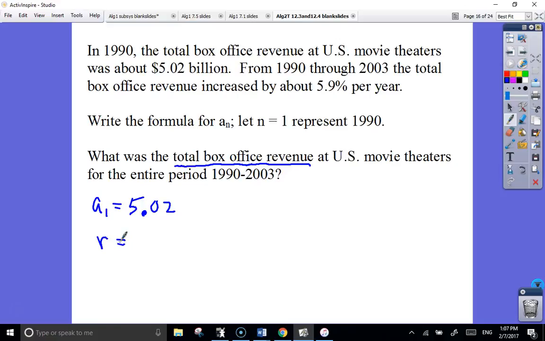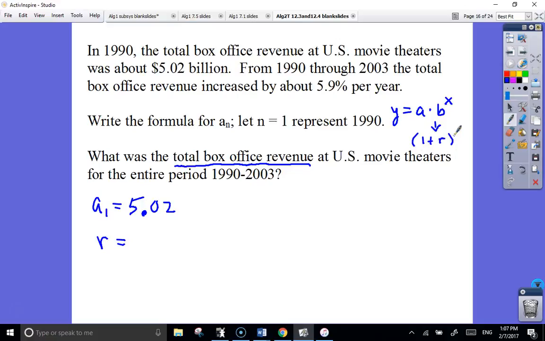Now, this kind of relates to when we did exponential functions, that exponential functions had a formula like this. Y equals A times B to the X. And when we did the word problems, the B could either be a growth factor or a decay factor, right? If it was a growth factor, it was actually 1 plus the growth rate.